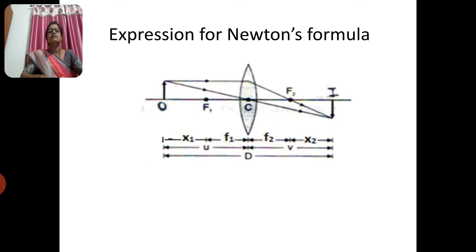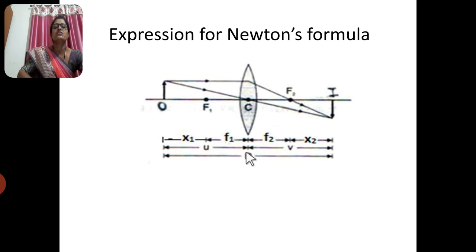See here in this figure, we have to consider the lens. C is the optic center of the lens, O is the object, I is the image, F1 is the focal point on the object side, and F2 is the focal point on the image side.